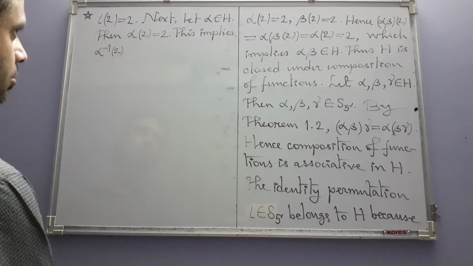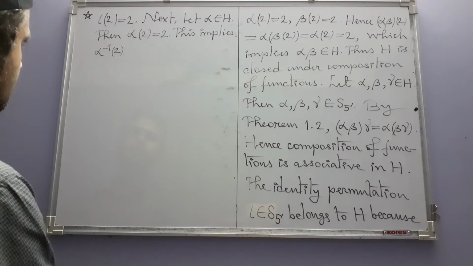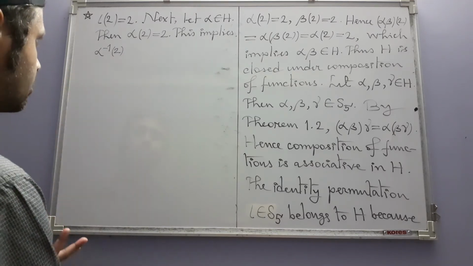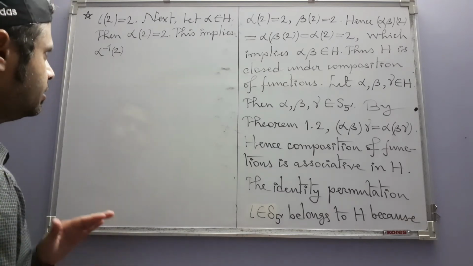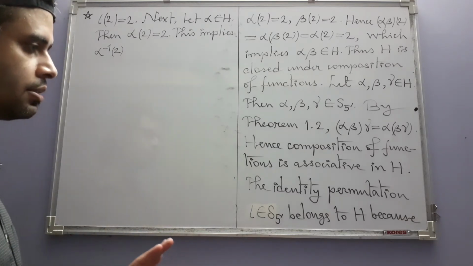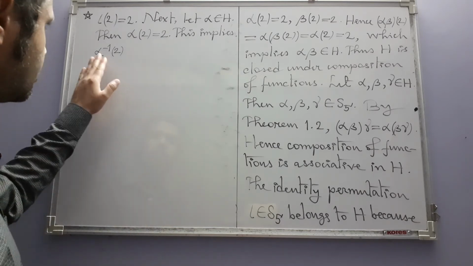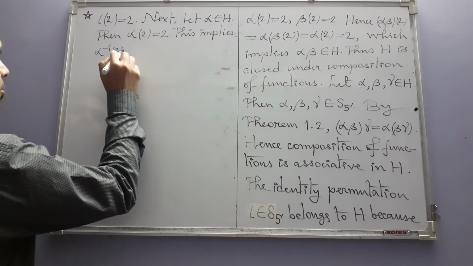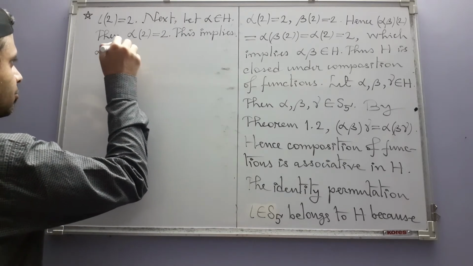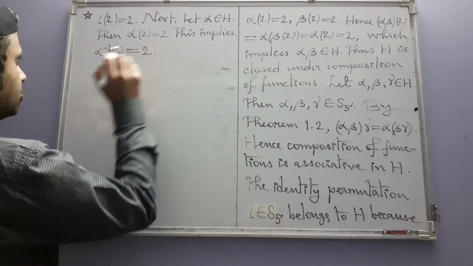Yes, we can allow this notation, because it is simply the inverse function of alpha. Since we are still dealing with functions and not general group elements, so we can use this notation. It is the inverse function, that's all. So the image of 2 under the inverse function of alpha is also going to be 2.